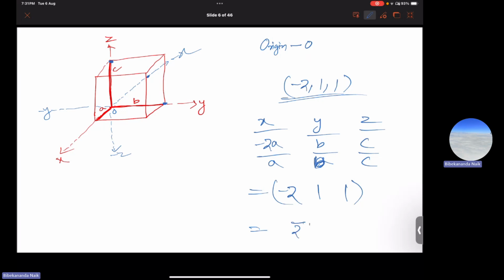So it will be 2 bar, 1, 1, included in square brackets. This is the direction of the OA vector. So the vector will be somewhat like this, with its projections here, and this is the OA vector.